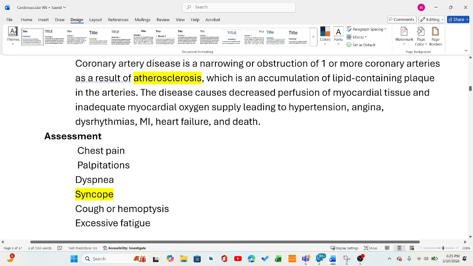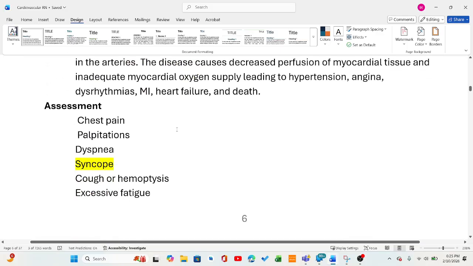So when somebody has coronary artery disease, where there is obstruction to the flow of blood, what are some of the things you should expect from the patient in your assessment? One, the patient will be complaining of chest pain. When the person is having heart failure, you expect chest pain. When they are having MI, there's going to be chest pain as well.